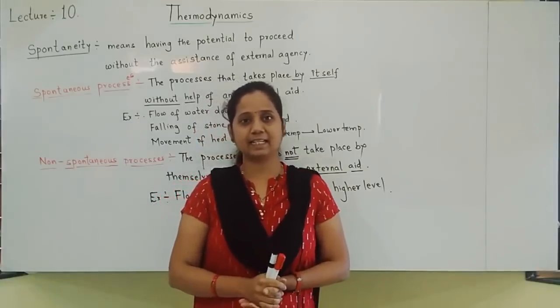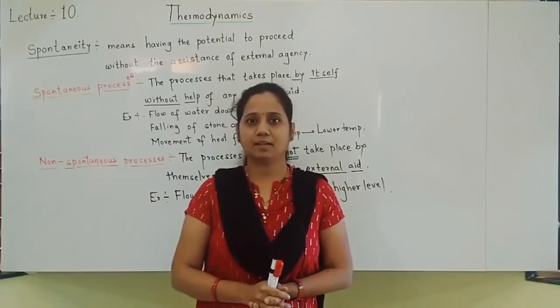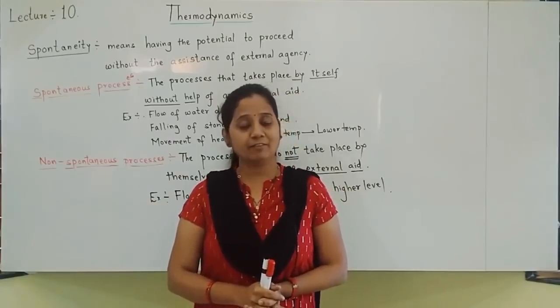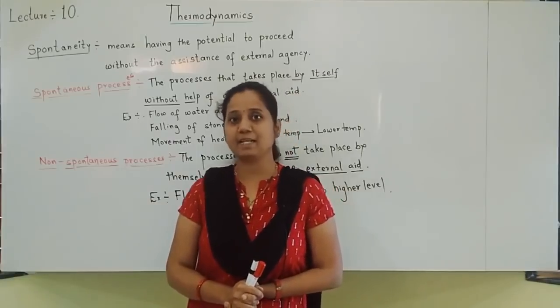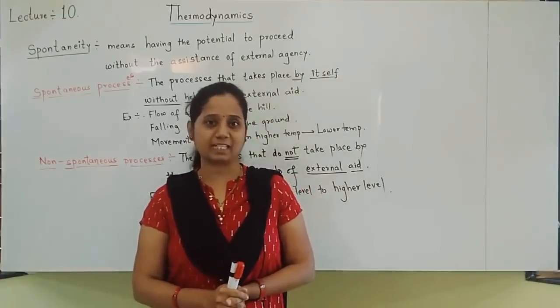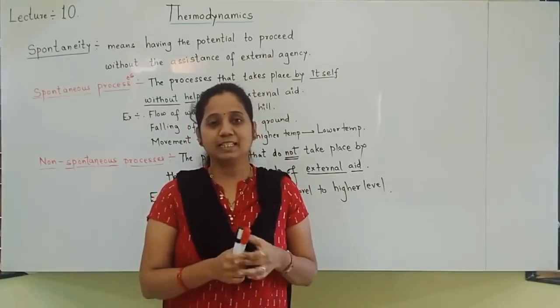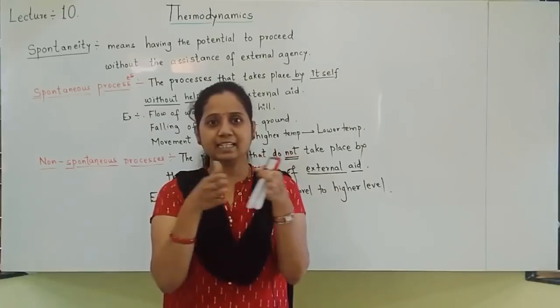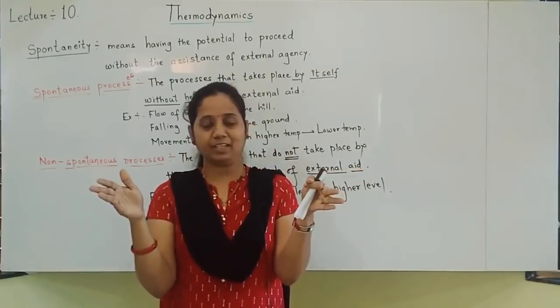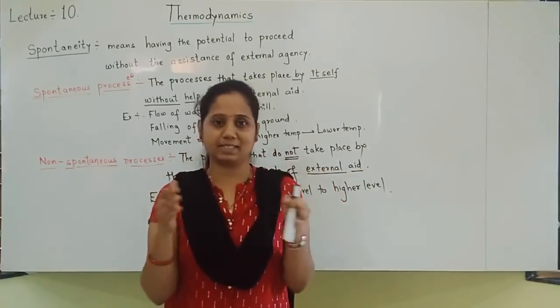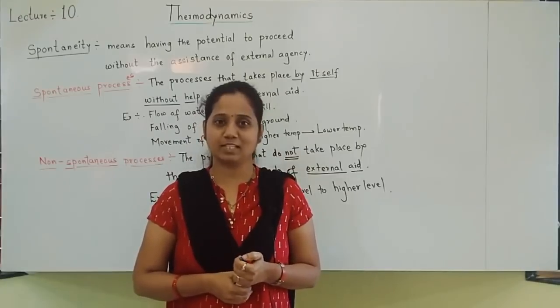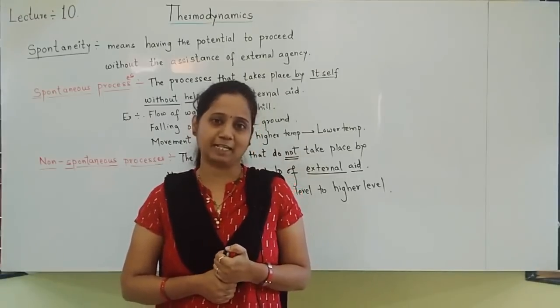So the next criteria was accepted that whenever any chemical reaction takes place or any change takes place in which there is increase in disorderness, increase in randomness, then that was the criteria for spontaneity.